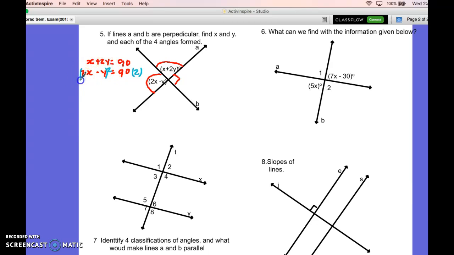And here's what we'd get. 2 times 2x would give us 4x. And 2 times negative y would give us negative 2y. That's really what we're after, because we want to do positive 2y minus 2y so we can get rid of the y's.